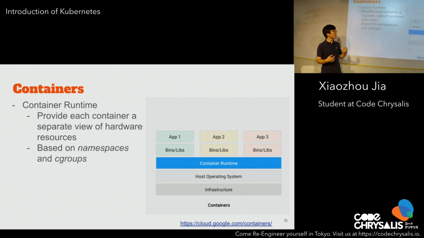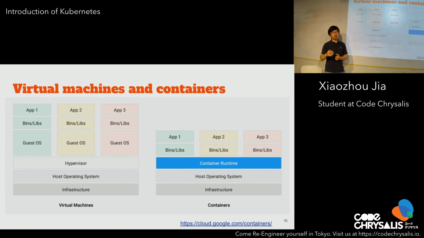The technology behind this is namespaces and cgroups. If you are interested, you can dig into more details. But for now, let's just remember, the container runtime is necessary for us to be able to run containers.